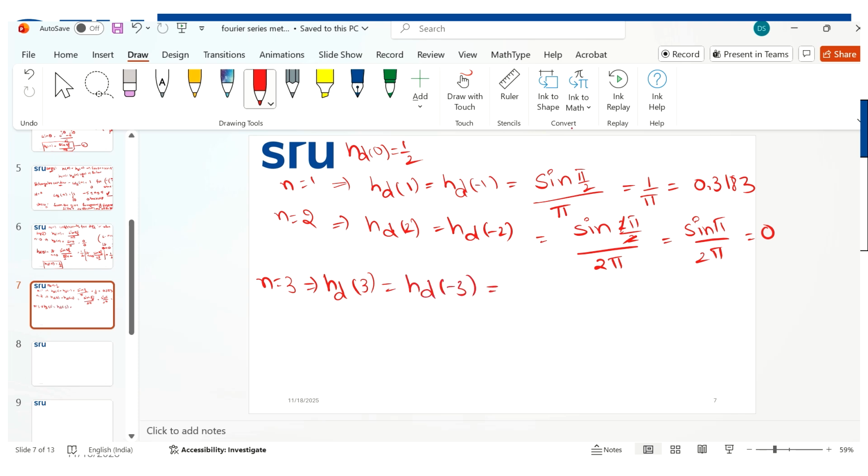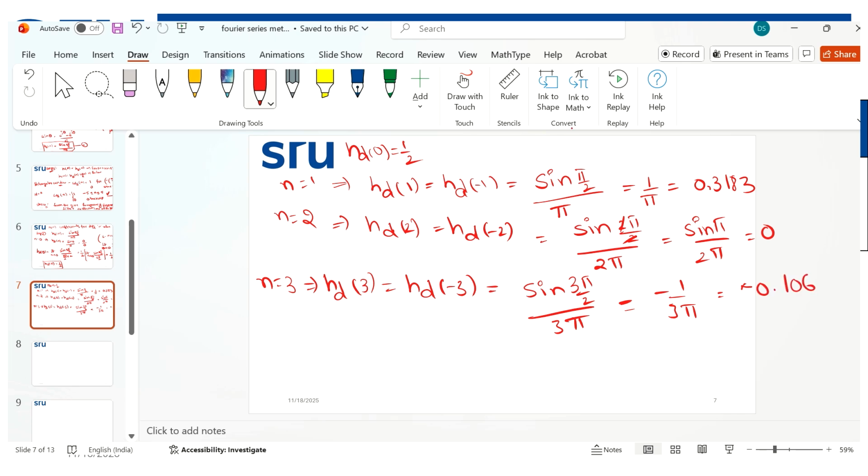Up to how many values do we have to substitute? Up to n equal to 5: n equal to 0, 1, 2, 3, 4 and 5. Then sin(3 pi by 2) divided by 3 pi. So sin(3 pi by 2) is minus 1, divided by 3 pi, is equal to minus 0.106.